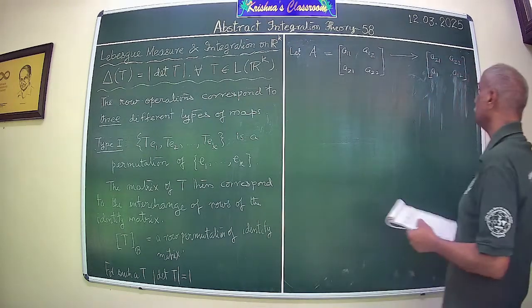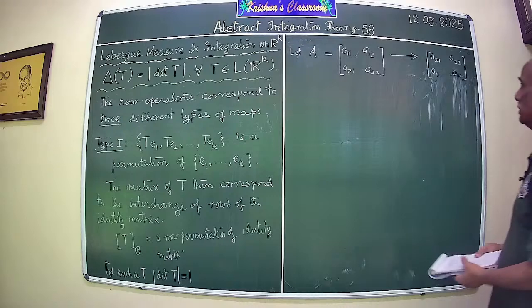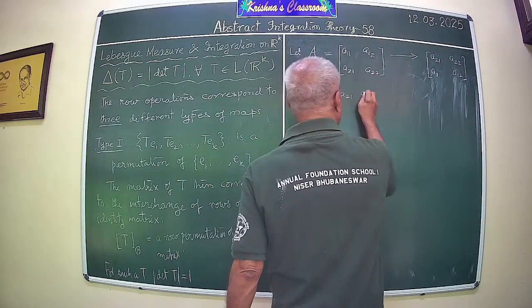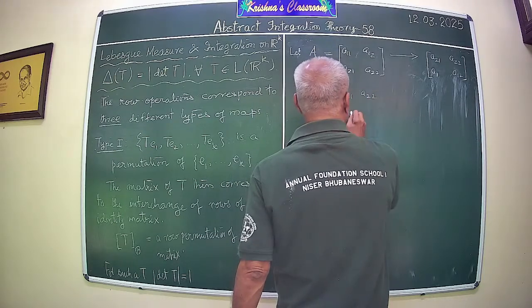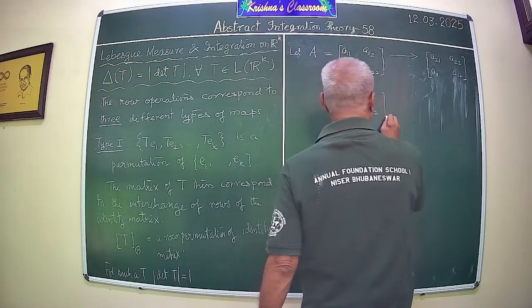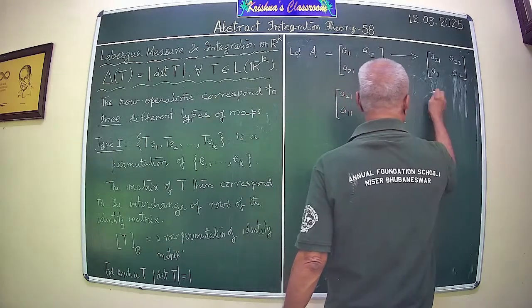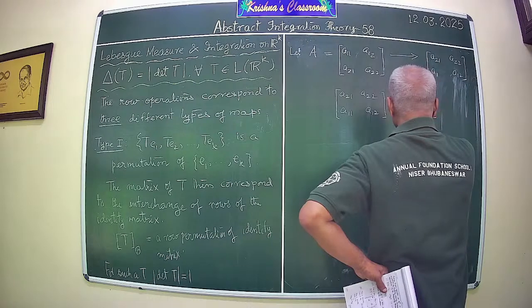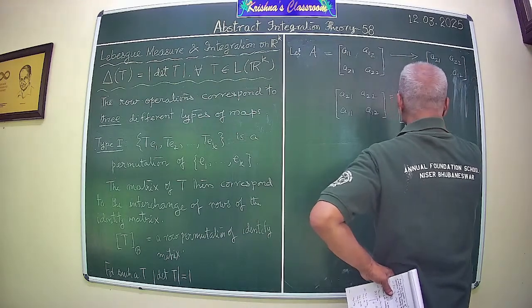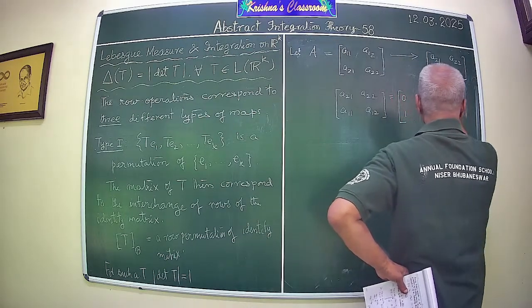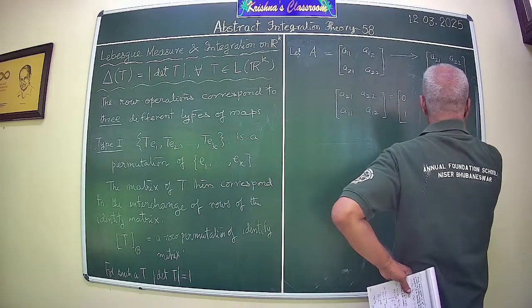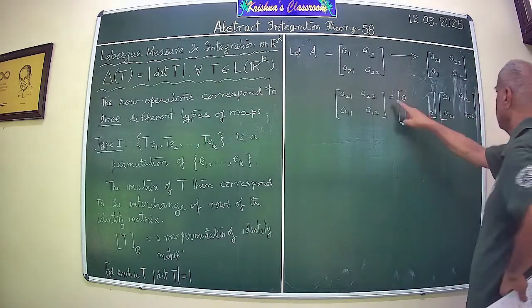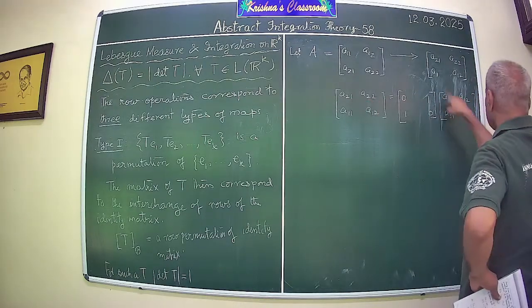What do we do? Simply get this. Now note that A21, A22, we just multiply by this.